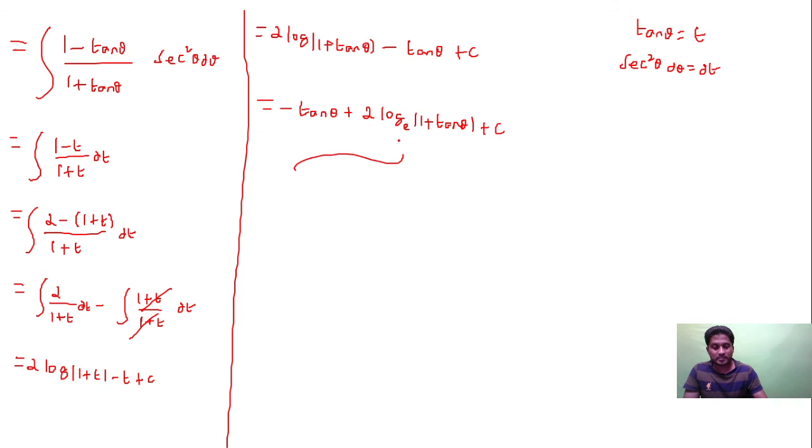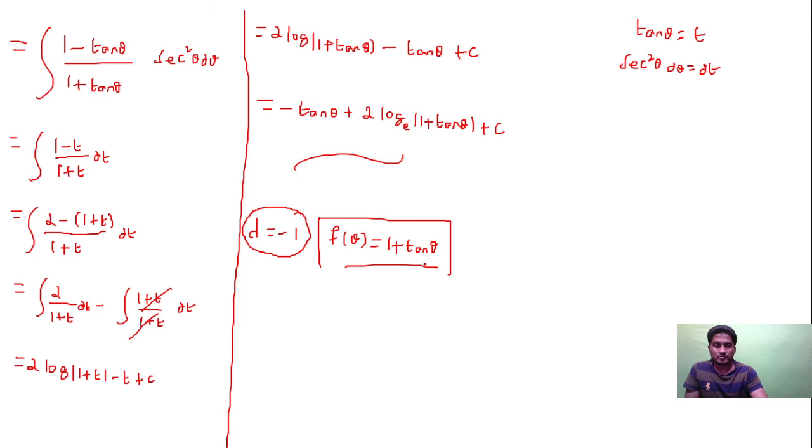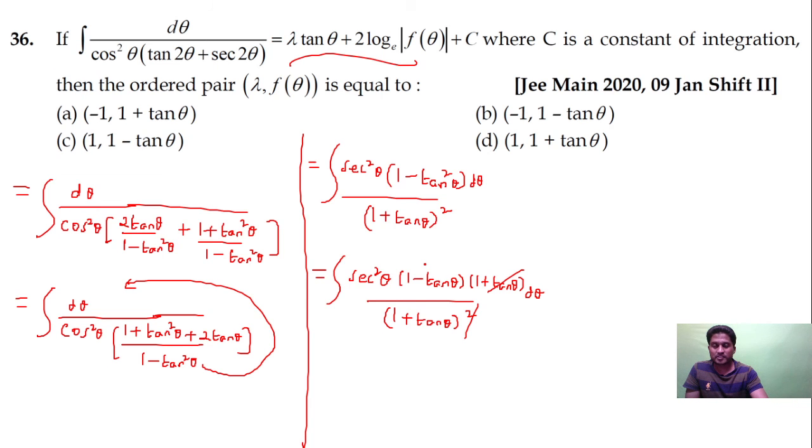Now you compare this with the question: lambda will be equal to minus 1 and f of theta is equal to 1 plus tan theta. So that is the answer, option A only.